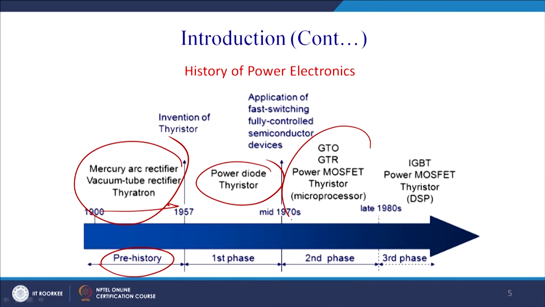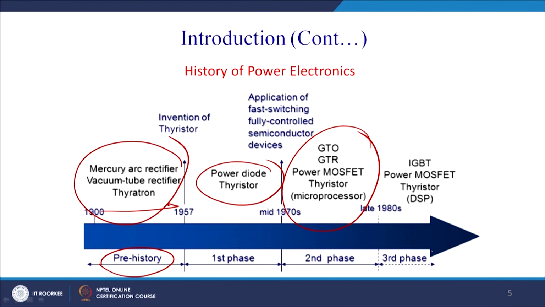So, we were looking for fully controlled devices, and from the middle of the 70s actual research starts in power electronics, its applications and its devices. There we had different devices like GTO, power MOSFET, and thyristors, and digital control also came into the picture, which reduces the uncertainty issues of analog control.